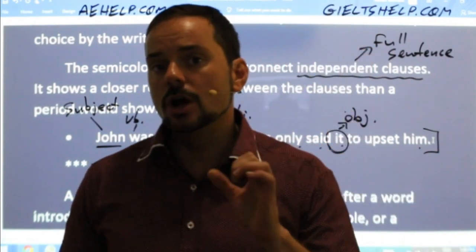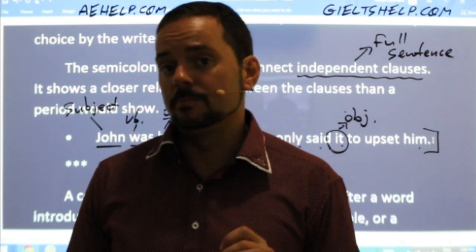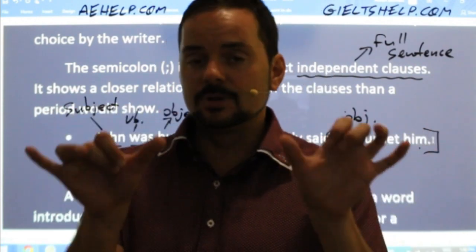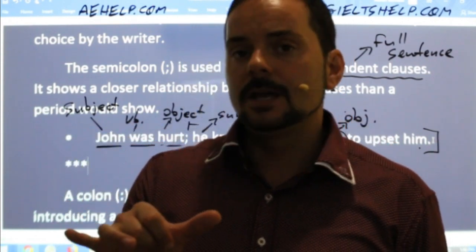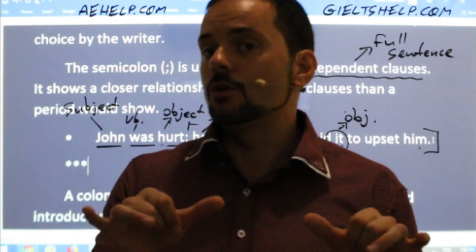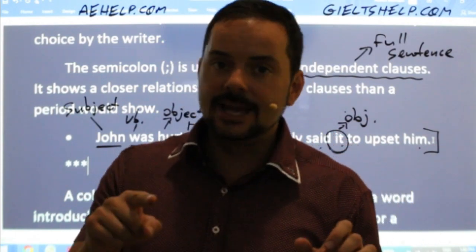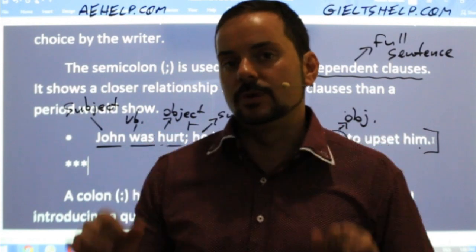It is not good to use the semicolon in that case. It's better to use a period if the relationship is weak, so two separate sentences separated by a period, or if there's a neutral relationship, you might need to use a coordinating conjunction like comma and, which makes that relationship clear for the reader.